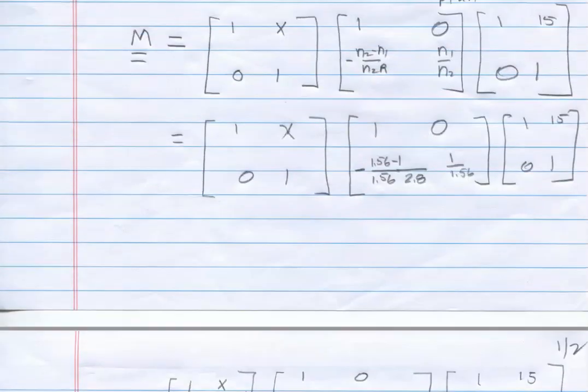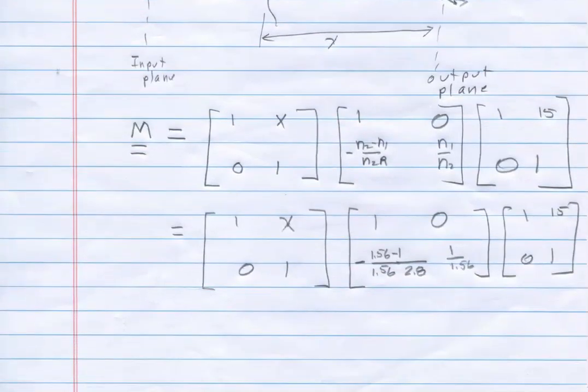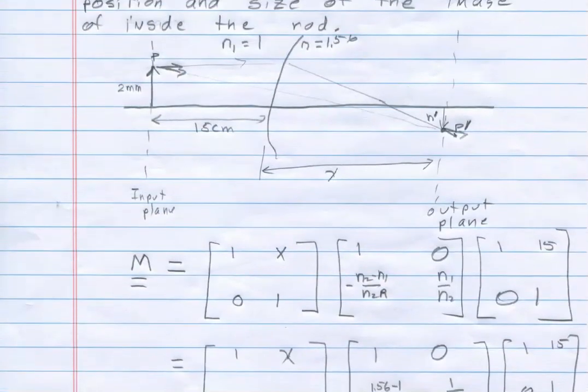Well, this is a case of imaging, and we've already denoted that. If I have all the rays coming out of P going through the single point P prime, that's the image. In that case, remember, locating the image point is when B is equal to 0.